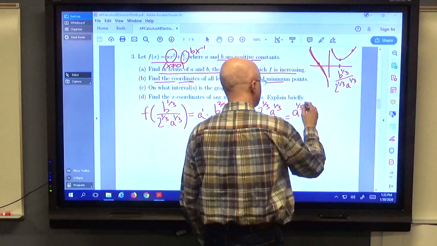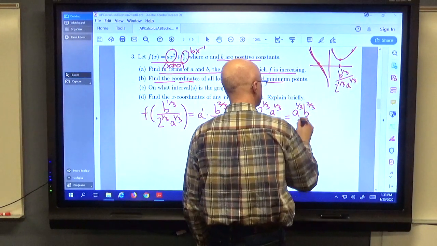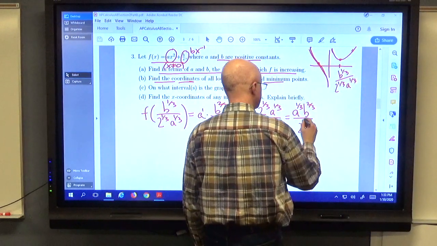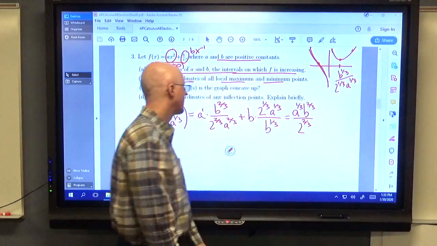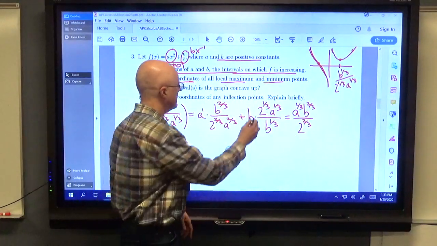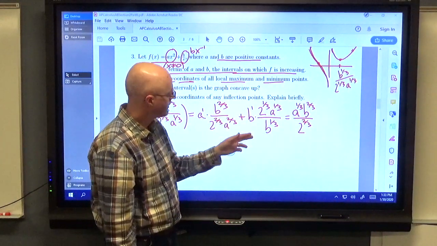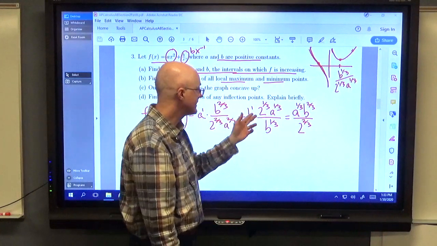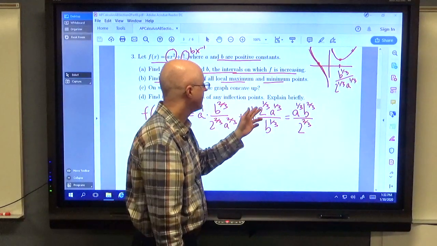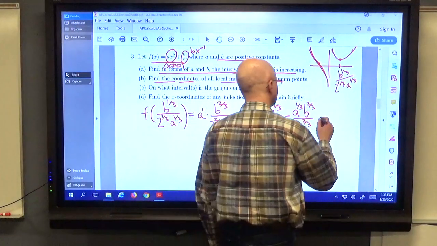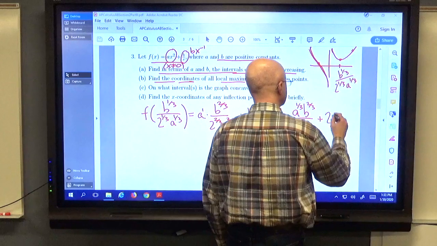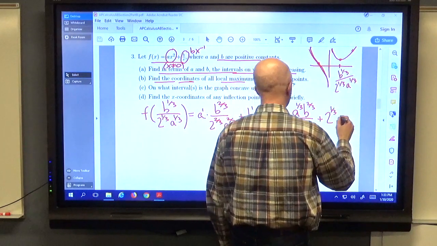You already have a b to the positive 2/3 over 2 to the 2/3. And with the second expression right here, b to the first power divided by b to the 1/3, 1 minus 1/3 is 2/3. I'm still going to get a b to the 2/3 on top. And I still have an a to the 1/3. But now I also have a 2 to the 1/3 on the top.